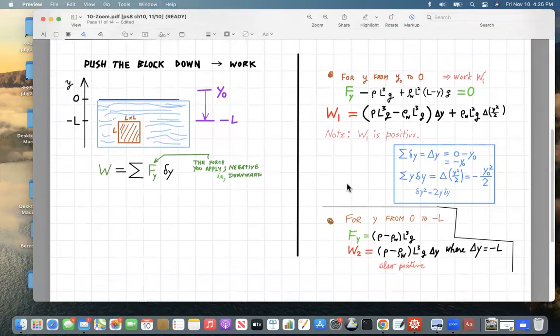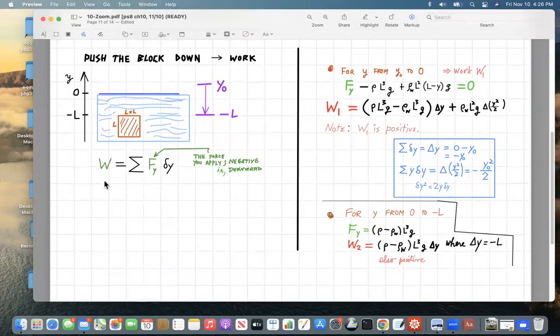So as usual, we write down the necessary equations. This is really the necessary equation. And then we start doing algebra. We start putting in the various expressions that make up this equation.